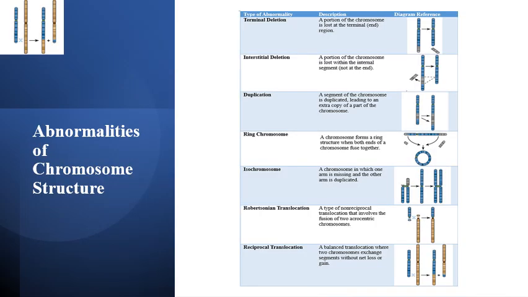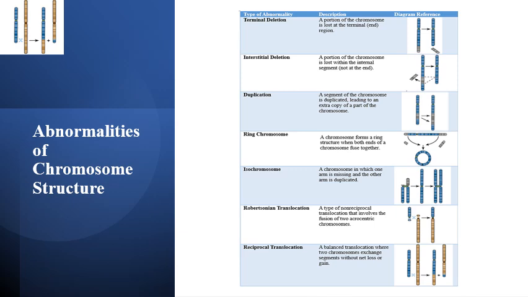This slide presents the different types of chromosomal abnormalities, and I've taken the information right out of your book and just popped it into a table format for easy comparison. So the first one is a terminal deletion, which is a loss of the chromosomal end segment. Interstitial deletion, which is a loss of an internal segment of the chromosome, so it involves the middle section of the chromosome.